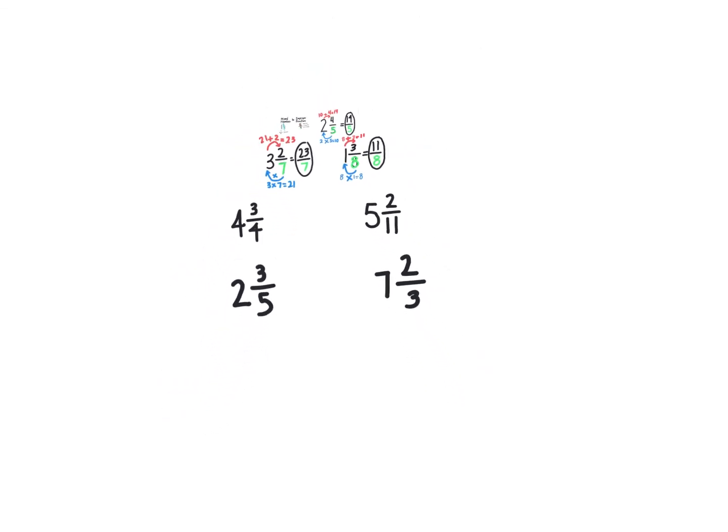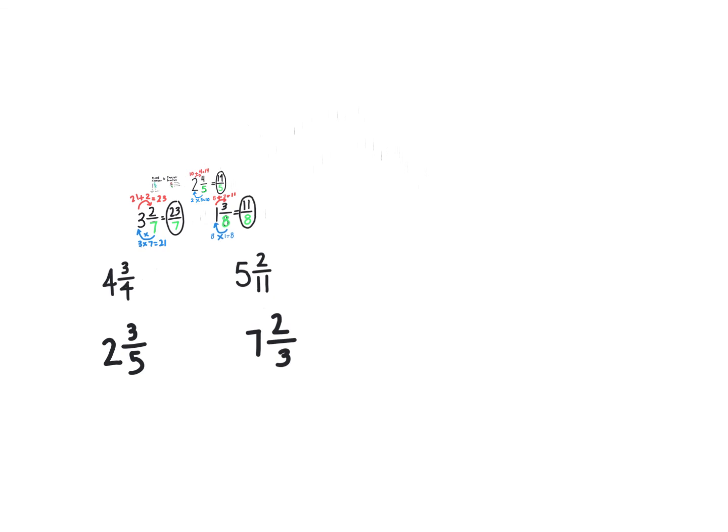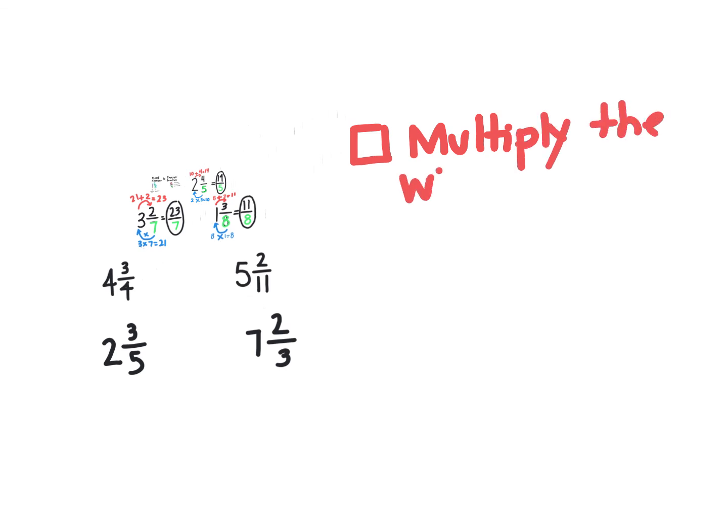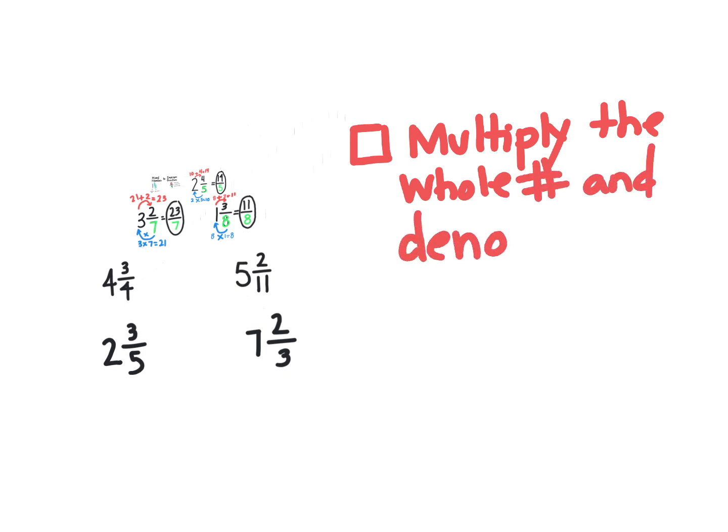So don't forget, in order to make a mixed number into an improper fraction, the first thing you do is multiply the whole number and denominator. That's step 1.